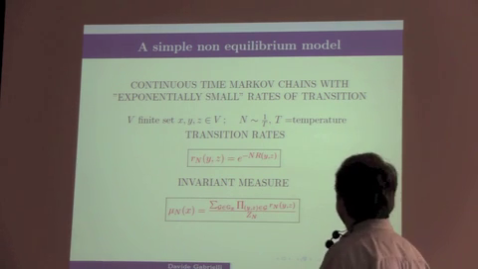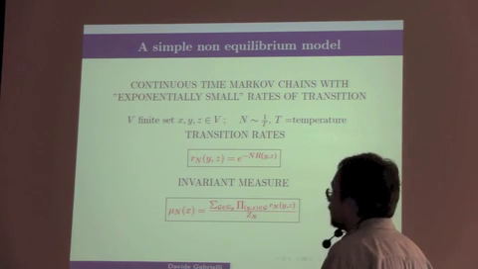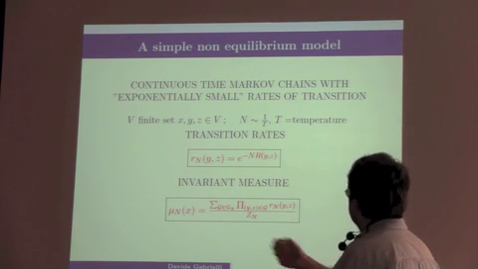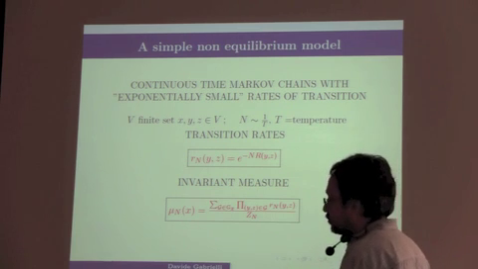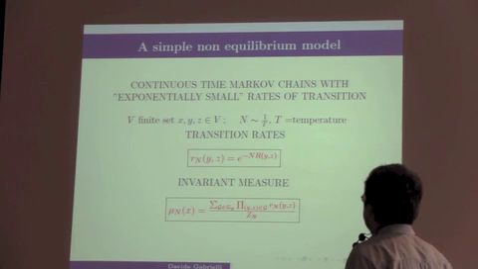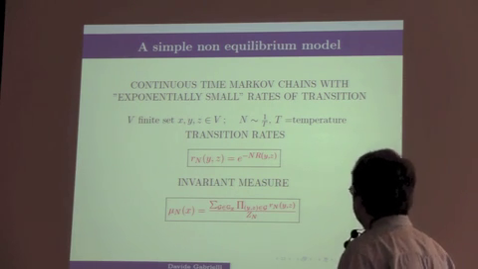You have a finite set, you have a continuous time Markov chain, and the rate of transition, that measures the tendency to jump from one site to the other, depends on this parameter n in this fixed rule that is there.